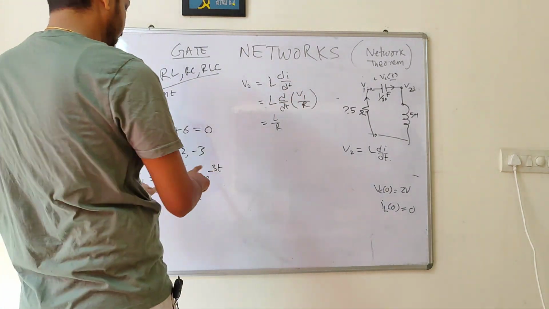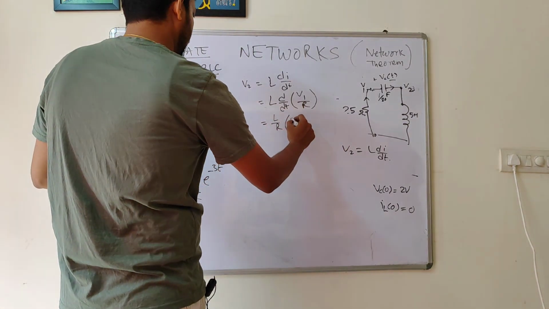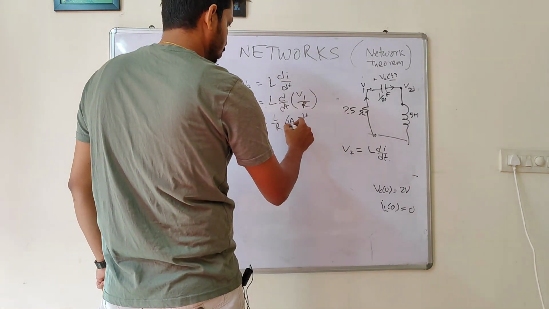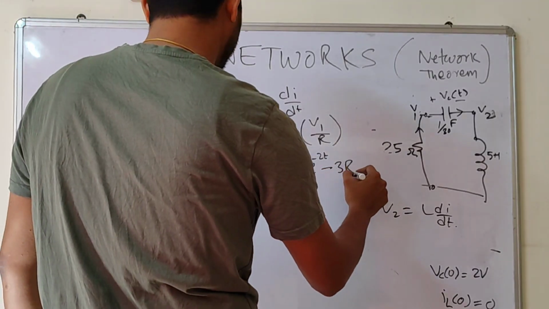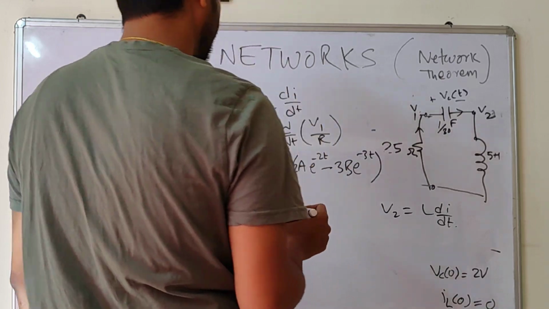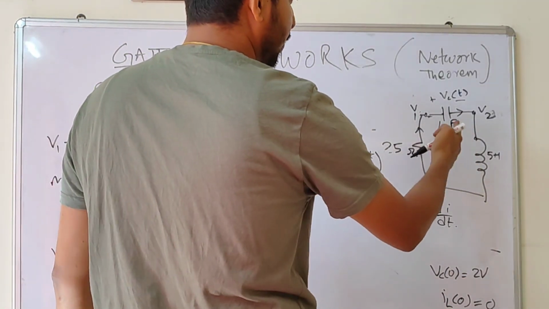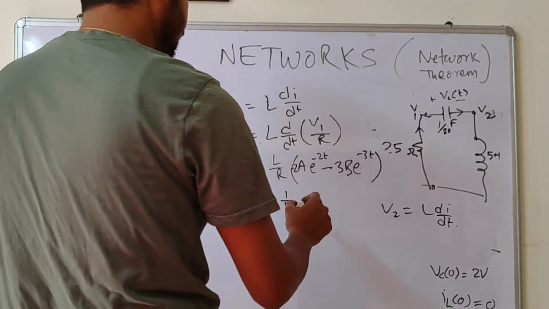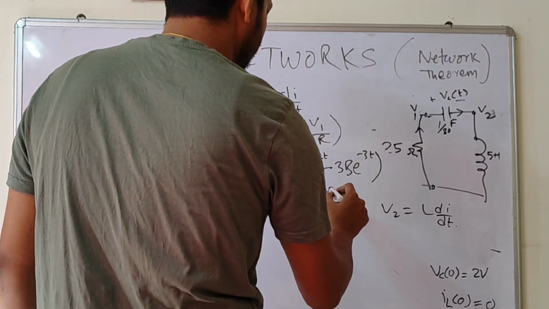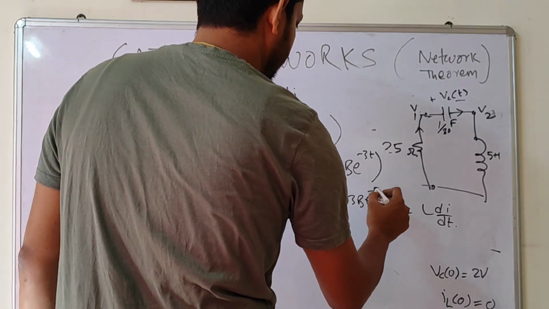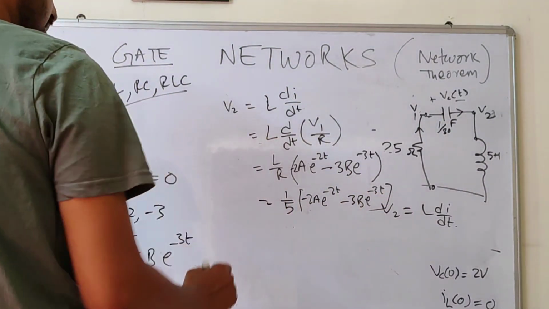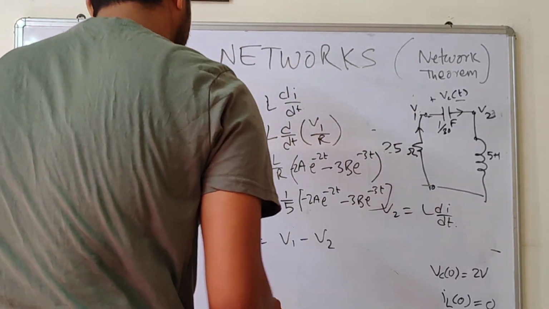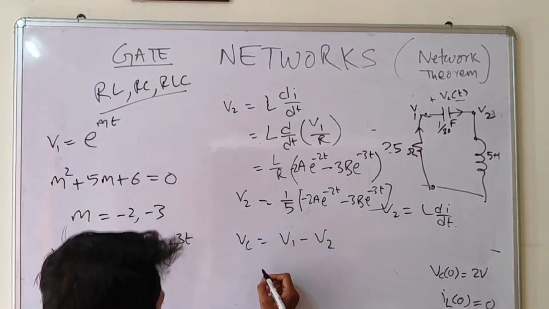The derivative is -2A e to the power -2t minus 3B e to the power -3t. And what's L by R? L is 5, and R is 20, so 1 by 5, times minus 2A e to the power -2t minus 3B e to the power -3t. So you subtract this, because that's VC(t). VC(t) is V1 minus V2.